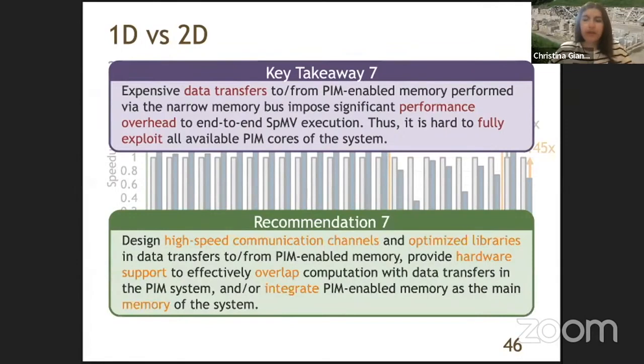To this end, we recommend software, hardware, and system designers to provide high-speed communication channels and optimized libraries in data transfers to and from PIM-enabled memory modules, to provide hardware support to effectively overlap the computation with the data transfers in the PIM system, and also to integrate the PIM-enabled memory as the main memory of the system in order to eliminate the load data transfer costs in sparse kernel executions.